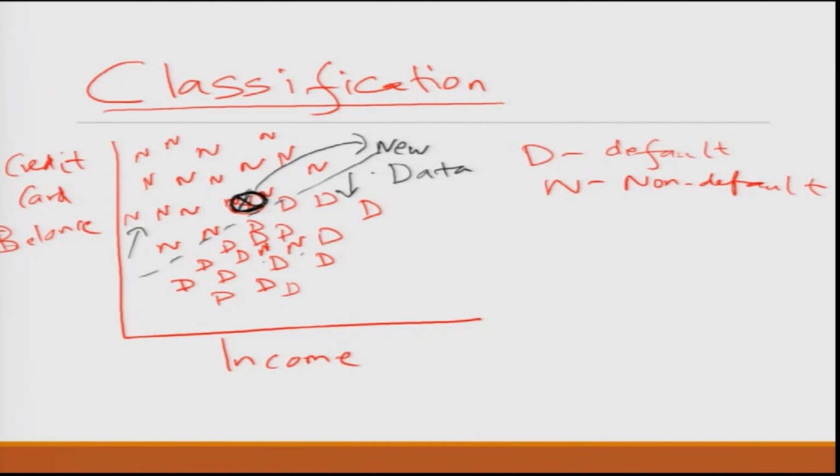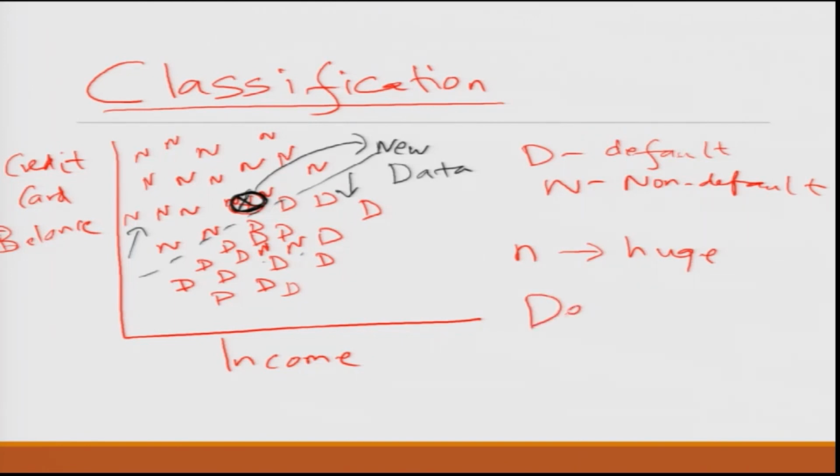In this case, because I had to plot, I used only 2 variables. In reality, there may be a large number of variables, which can be huge, if you talk of a typical bank which is doing this kind of default modeling.